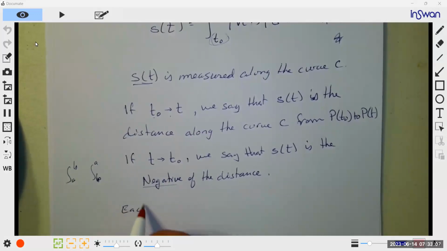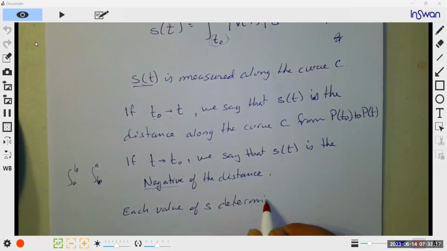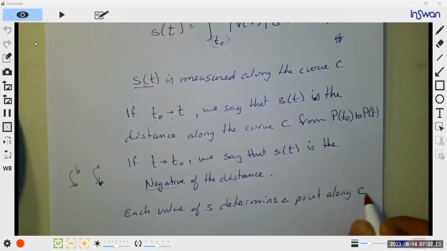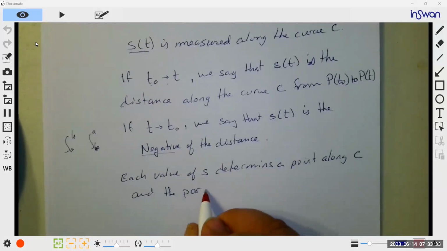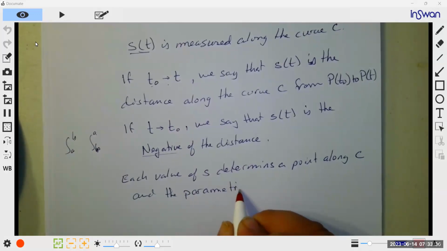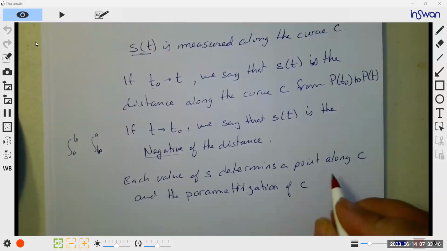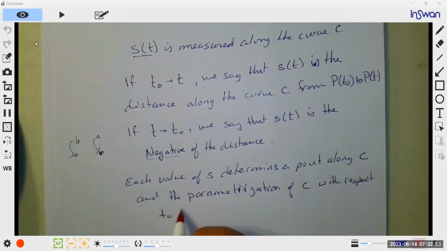All right, so each value or each point of s determines a point along our curve C and the parametrization of C with respect to t.